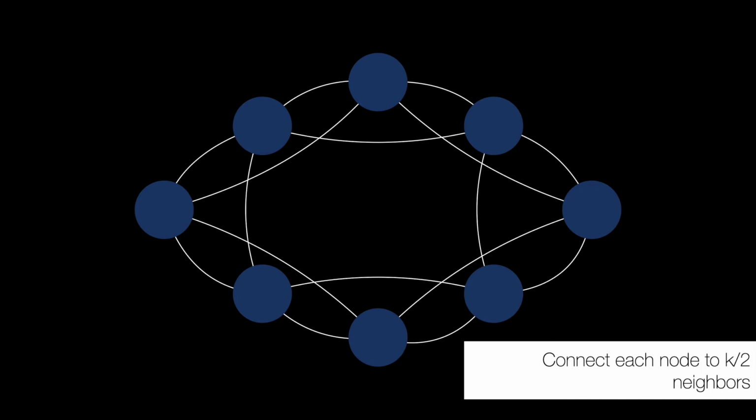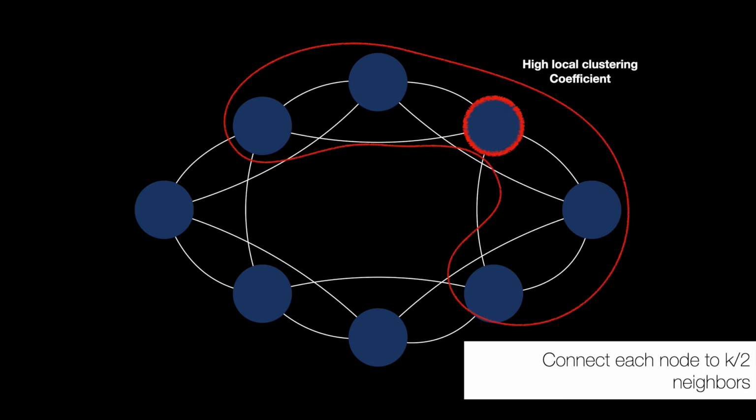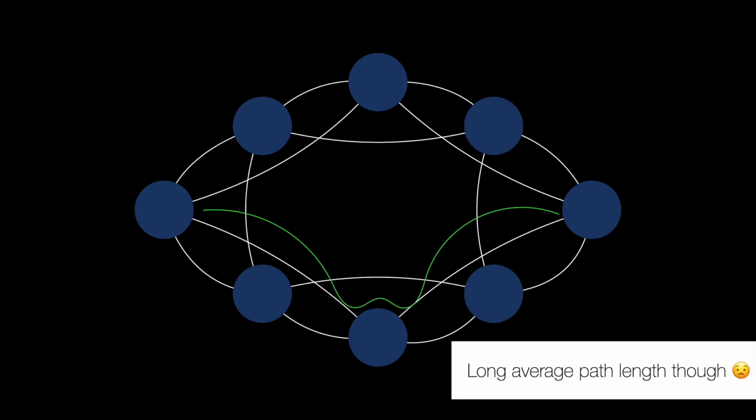Now this nicely maintains a high local clustering coefficient. That means if we take this middle node of these 5 nodes out of this structure, then the remaining 4 nodes are still nicely connected to each other. Unfortunately, because of this structure, we still have long average path lengths. This is the opposite of the characteristic that Erdos-Renyi models have.